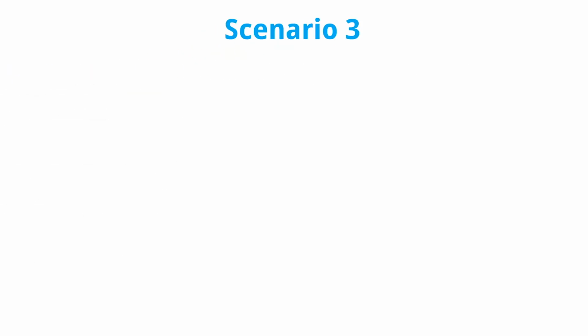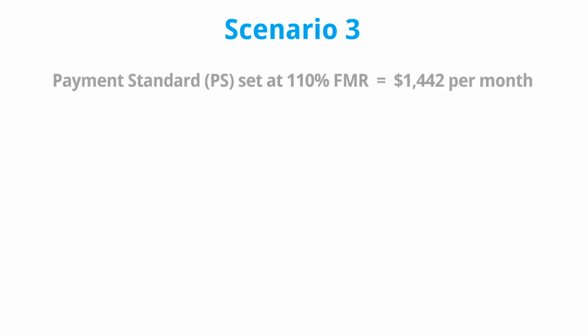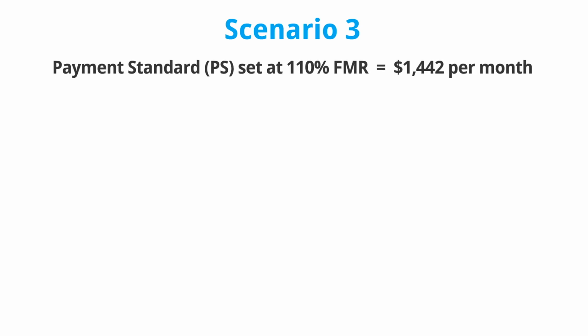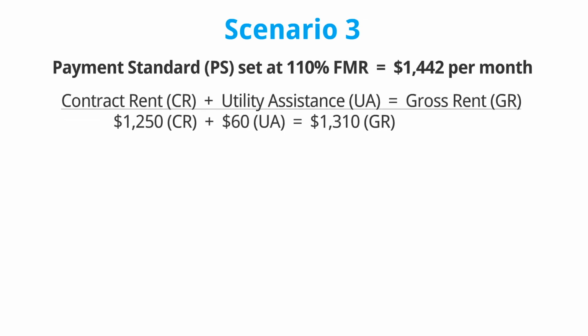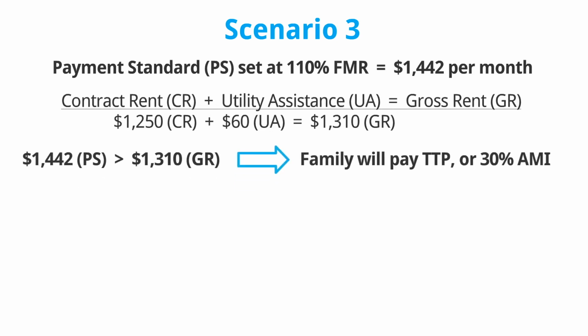In our third example, the payment standard is set at 110%, or $1,442. Gross rent is again $1,310, which is lower than the 110% payment standard of $1,442.